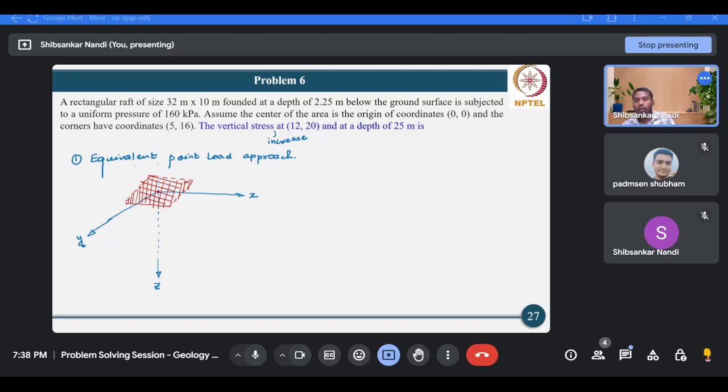Okay, so this is your point load P, and this P would be nothing but Q times A. So that means 160 multiplied by, what is the area? Area is 32 multiplied by 10. So this much kilonewton.